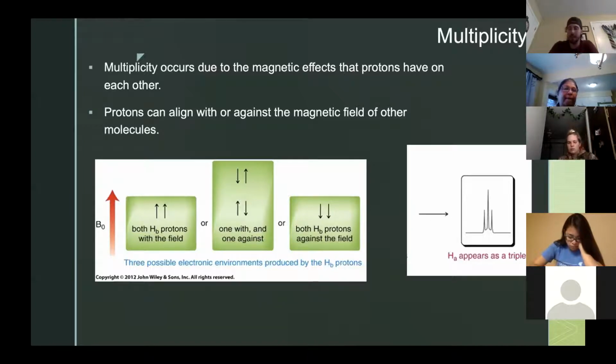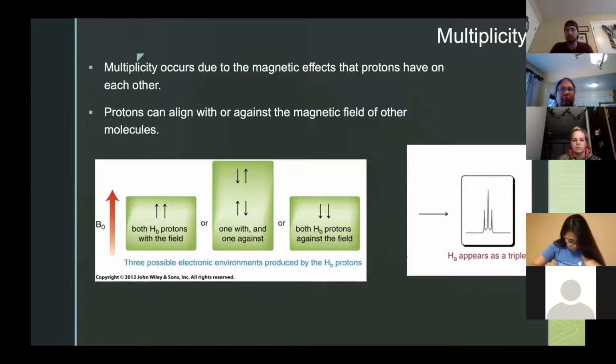When it has two protons that are affecting it, it'll cause a triplet like shown. There's three possible ways these protons can align with the neighboring protons.